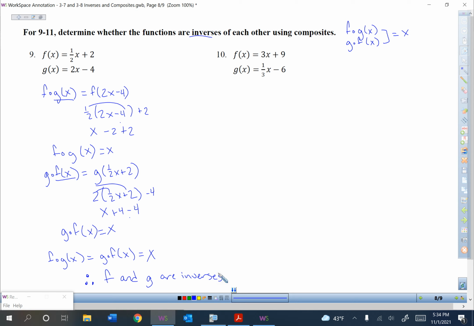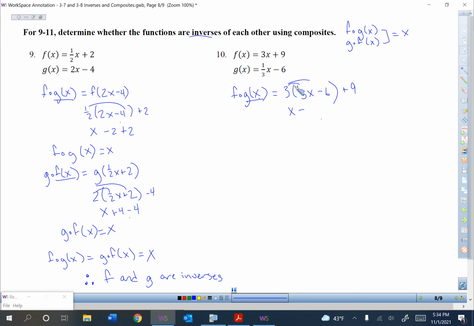So let's look at this next one. We want to take a look at f of g of x. It doesn't technically matter which one you start with. I just like to go in alphabetical order. So this one, f is going outside, so 3, and g is going inside, 1/3 x minus 6. And then we distribute through. Oh, I forgot on the outside, plus 9.